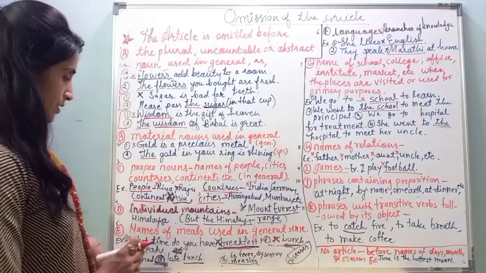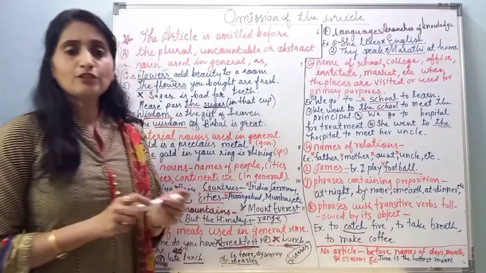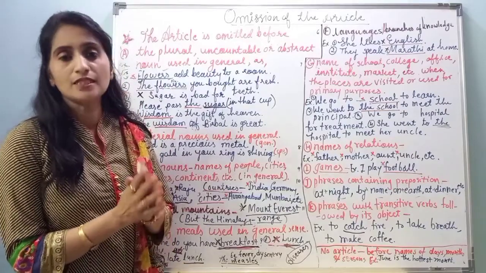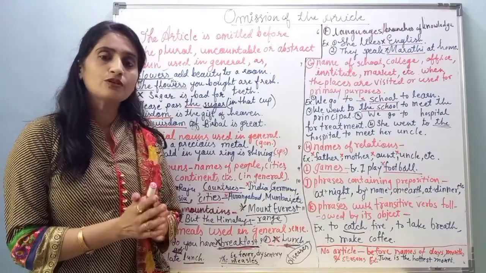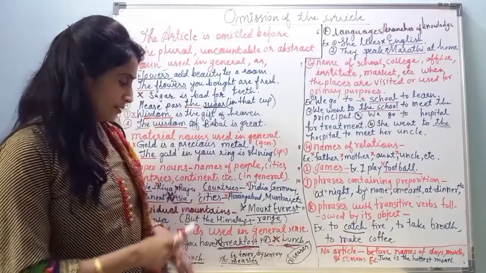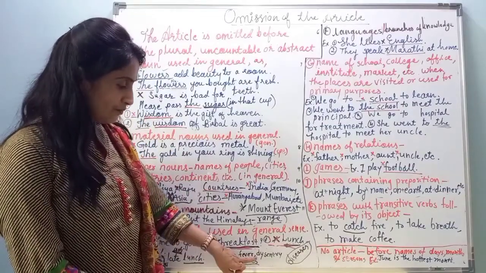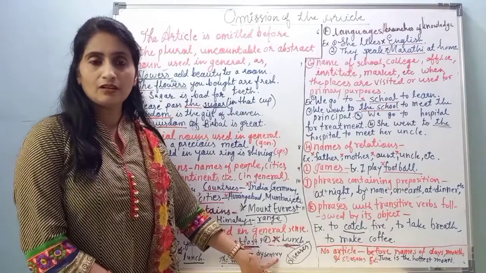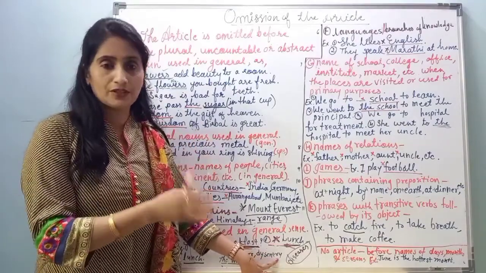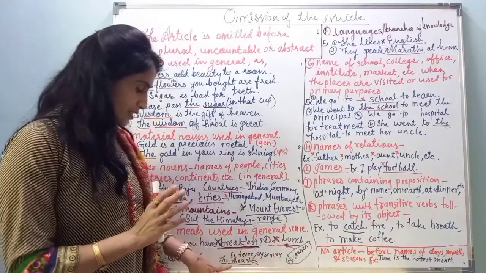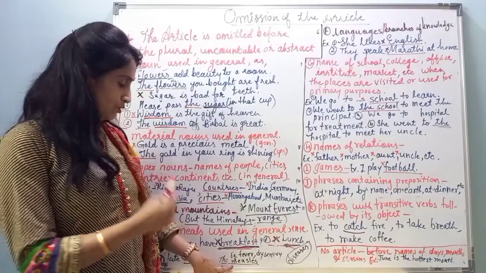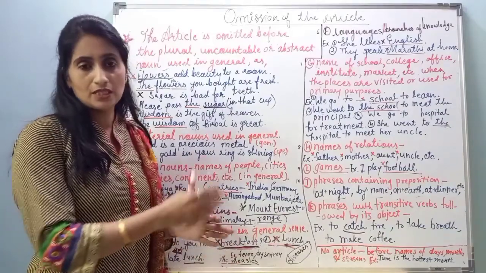This is the reason. I would like to tell you one more thing here, that before the names of diseases also, we should not make use of any article. For example, see here, fever, dysentery. Just say fever, dysentery, not the fever or a fever. Fine? But when you talk about measles, use the article the measles.